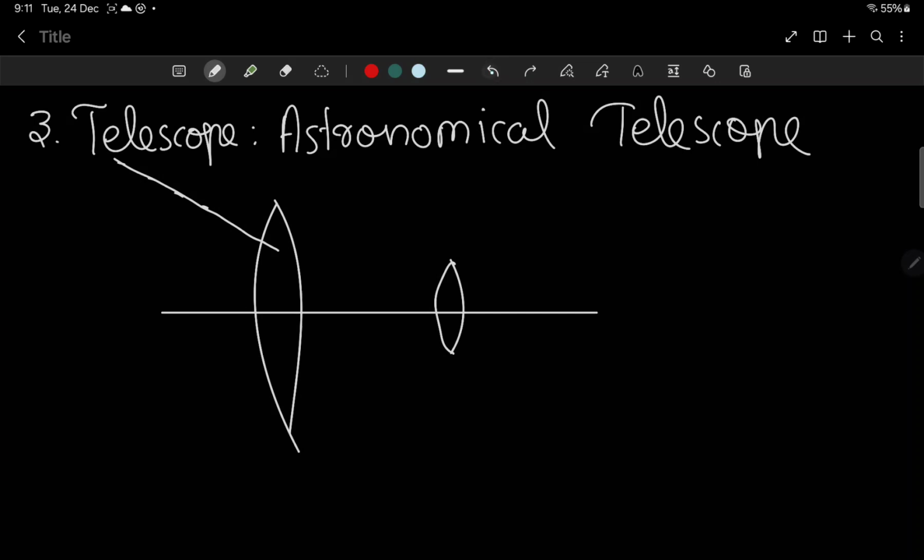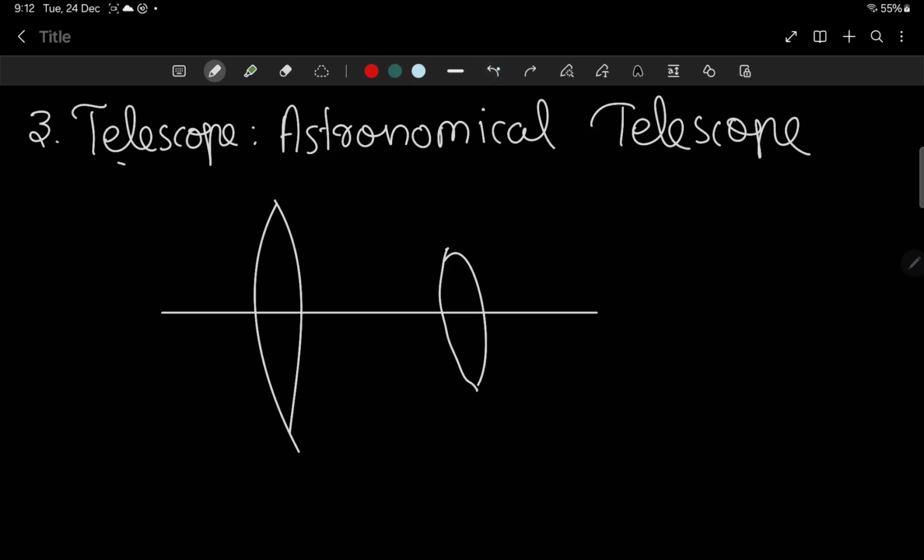Something like this. So what happens is that the object is at infinity. I will make this lens somewhat smaller than the other one.